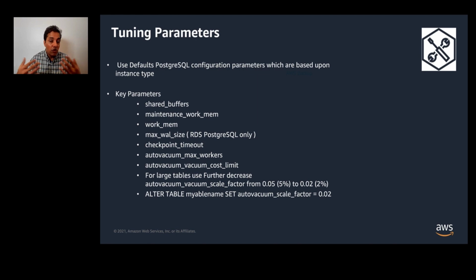In that case, your large table will not get a vacuum cycle for a long time. So you can also alter those tables and change the autovacuum scale factor on a per-table basis. That way these large tables get vacuumed sooner rather than later. So you don't have to change the global setting, but you can apply this setting on a per-table basis.